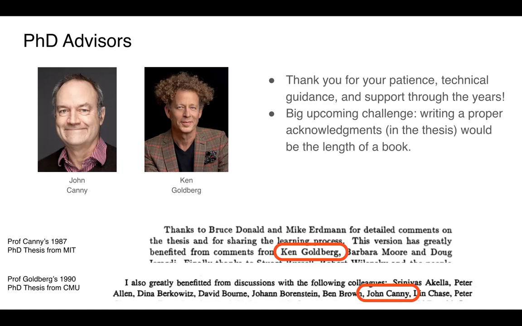When I was looking at their PhD theses, trying to understand how to write a thesis like them, I looked at their acknowledgement sections, and I saw that they both acknowledged each other in their dissertations from like 35 years ago. On my end, I'm trying to think about how I would write an acknowledgement section, and it would be the length of a book. But yeah, maybe I'll just do that. So thank you very much.